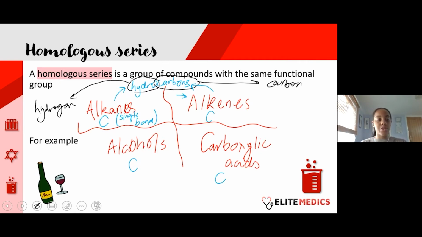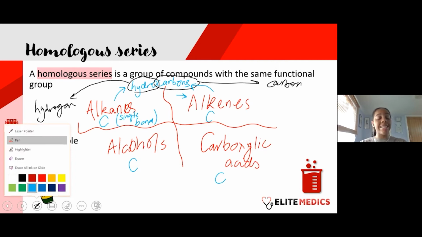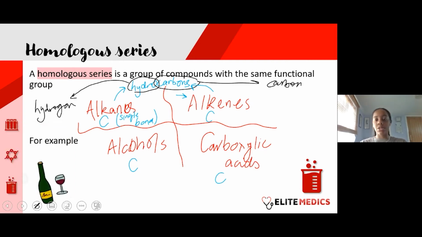So we're going to draw an example of an alkene, all right? I'm going to draw this right by here. So we're going to use an alkene that we call ethene, all right? Now, one way you can tell it's an alkene is because it has the same kind of ending. So alkenes are going to be ending with this "ene" at the end.